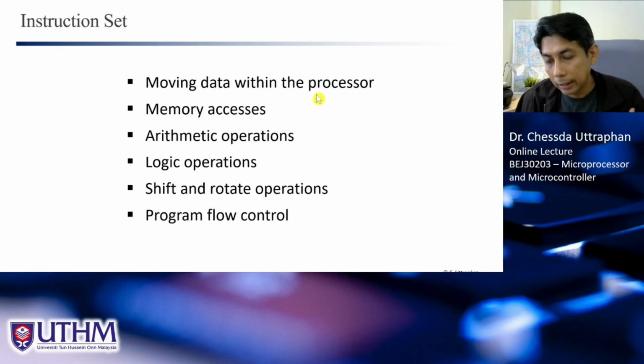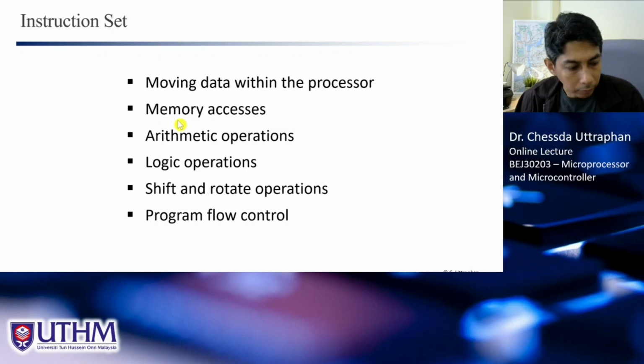So what instruction can we use to move the data? For example, we want to copy the data from R0 to R1, or R1 to R2, and so on. What are the instructions that we can use for that case?